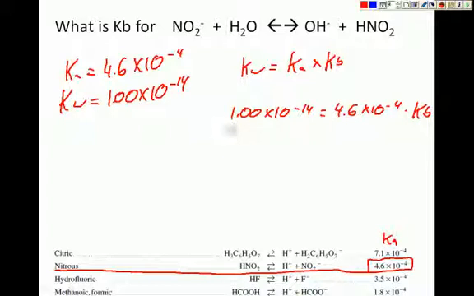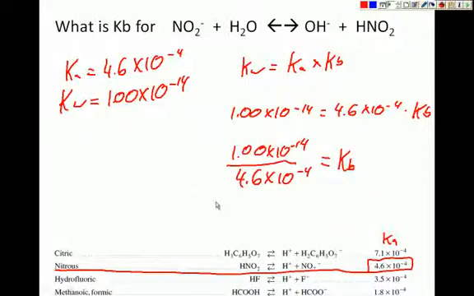Solve for Kb, and that is 1.00 times 10 to the minus 14th divided by 4.6 times 10 to the minus 4th equals Kb.